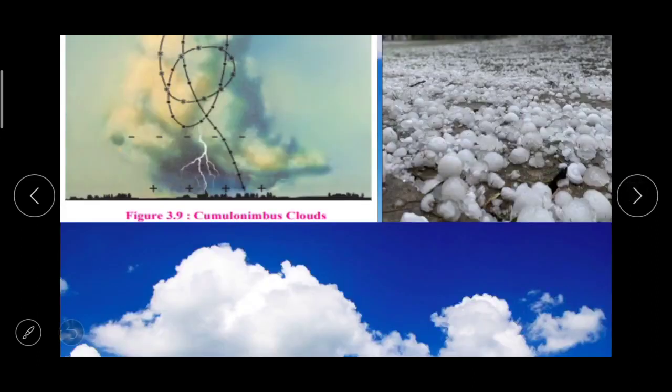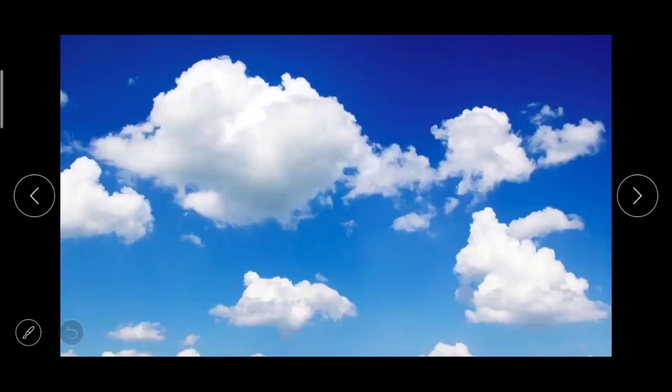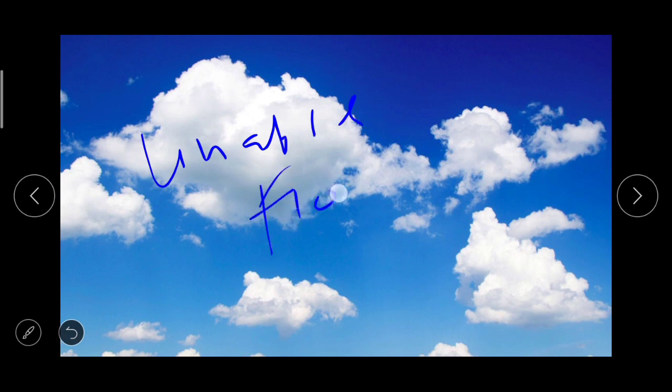So, as compared to other clouds, the raindrops of these clouds are larger because they move up and down a lot of times and accumulate more and more water. So, drops become larger and larger and are unable to float in the clouds because of their weight.